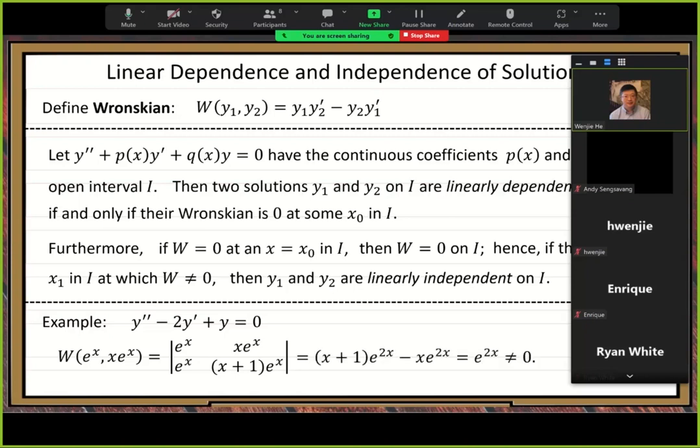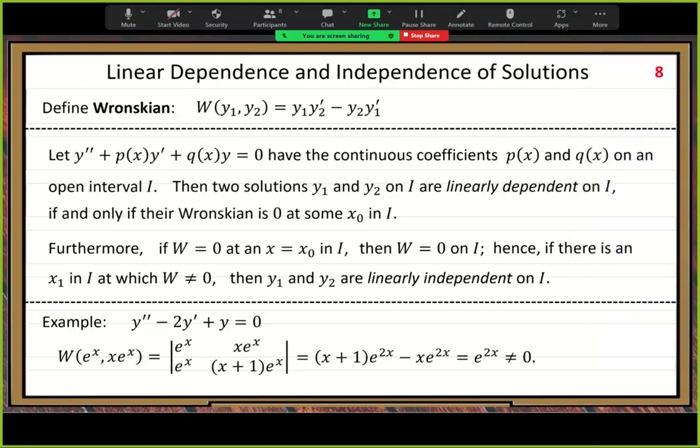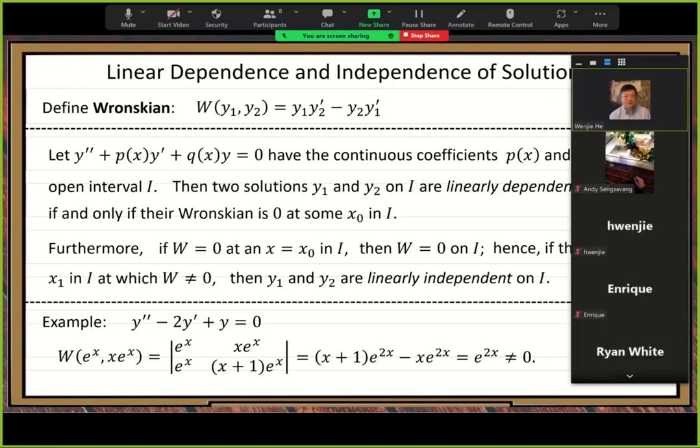Then cancellation and factorization give e to the 2x, definitely not equal to 0. This function can never be 0. The conclusion is that these two functions are linearly independent. That's simple, right?